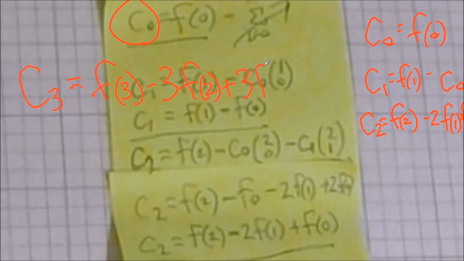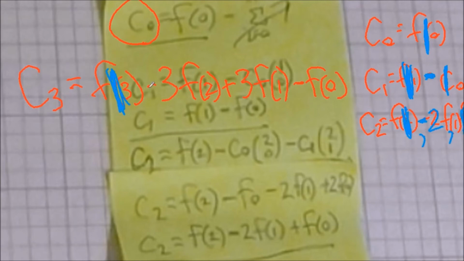So you can imagine that if we go to C3, that's going to be f of 3 minus 3 times f of 2 plus 3 times f of 1 minus f of 0.